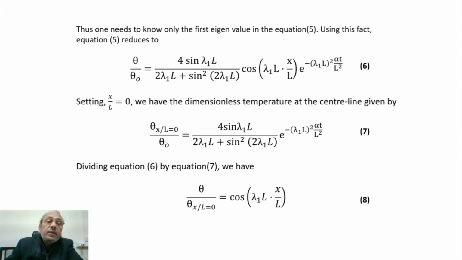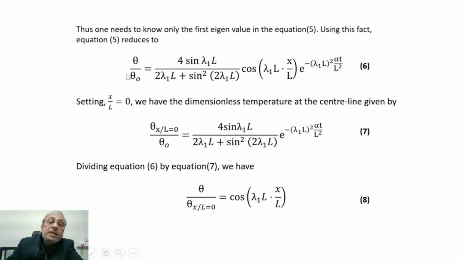Using this fact, equation 5 reduces to theta by theta naught equal to 4 sine lambda 1L divided by twice lambda 1L plus sine twice lambda 1L, into cos lambda 1L into x by L, multiplied by e to the power minus lambda 1L square alpha t divided by L square.